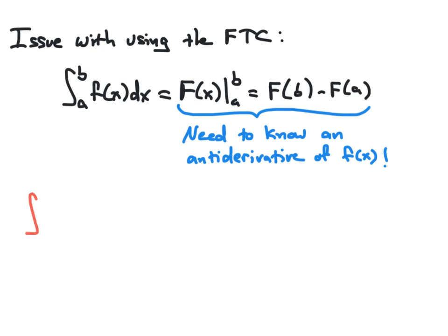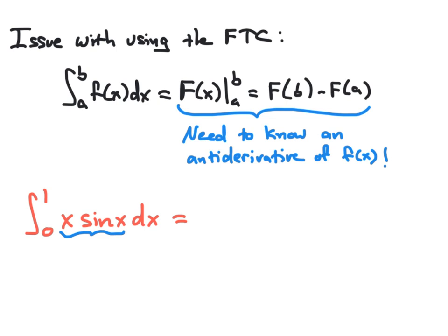For example, let's say we wanted to compute the integral from 0 to 1 of x times sine of x dx. If we wanted to use the fundamental theorem of calculus on this integral, we would need to find a function whose derivative is x sine of x. And unless you've seen an integral like this before, you're unlikely to come up with such a function.